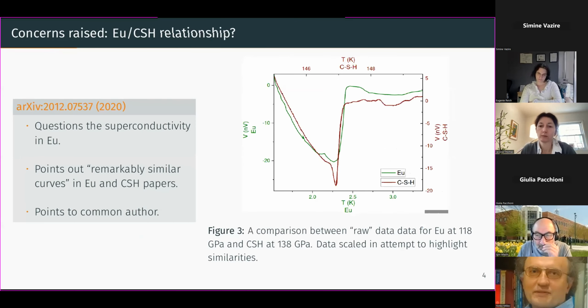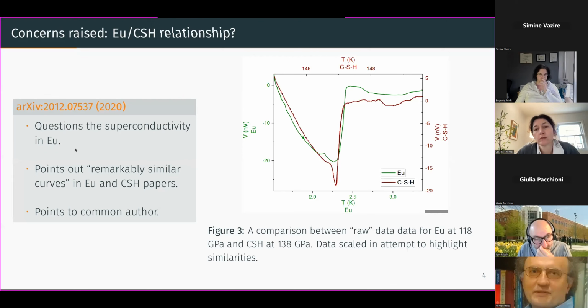Okay, so why have I mentioned this 2009 paper and then this 2020 paper? Well, soon after this room temperature superconductivity paper came out, Jorge Hirsch began asking questions about it, and he spoke to me about the magnetic susceptibility because he knew I had done these kinds of measurements. And in those conversations, he eventually began to question the superconductivity in europium.